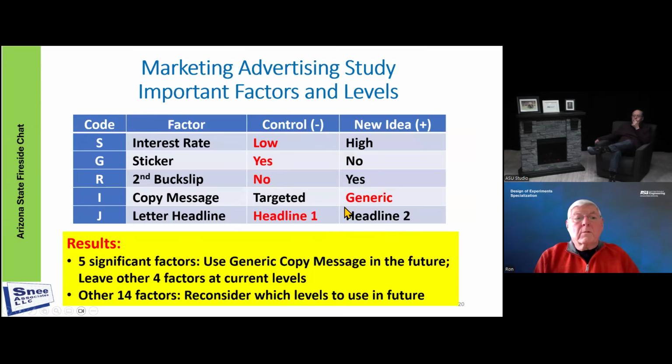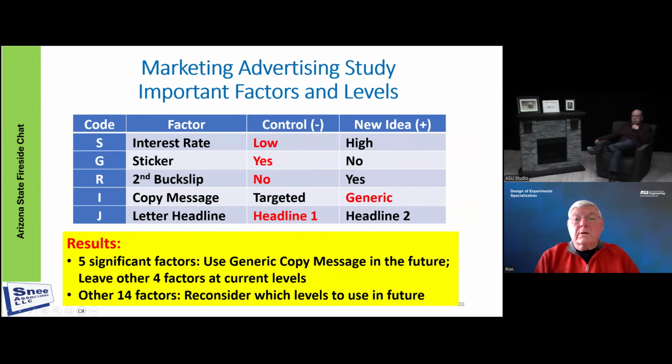So then if we go a little bit further and we look at these, here are the factors, the interest rate, the big one, these are the top 5. And if it's low, or if it's red, we don't make any change. We just stick where we are with the control. And if it's black, then that says we're going to use the new idea.